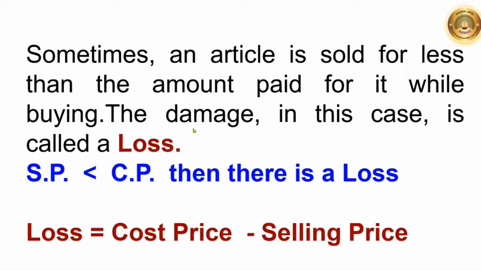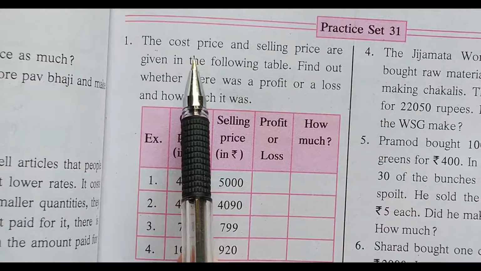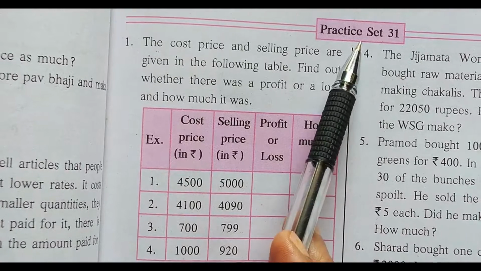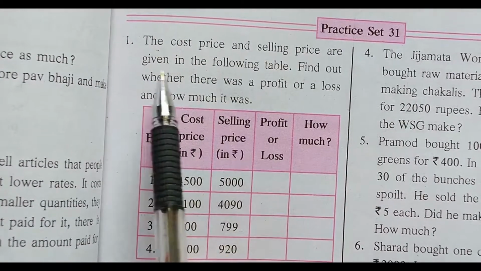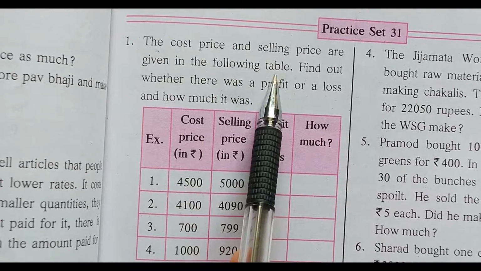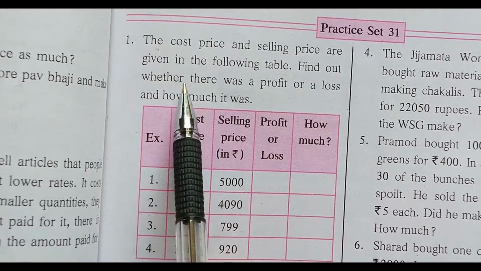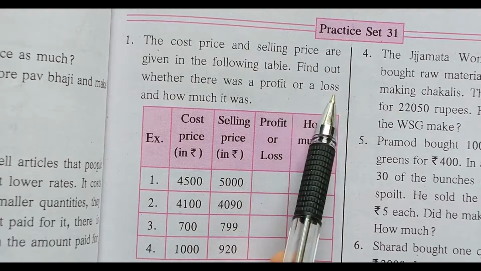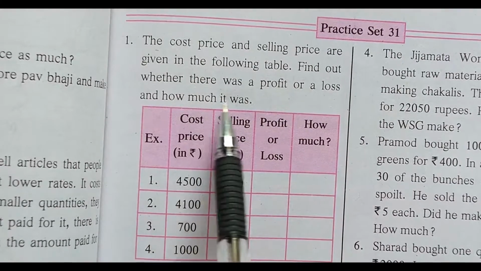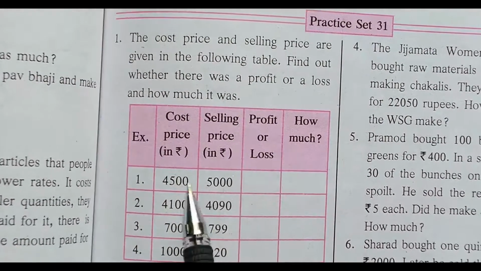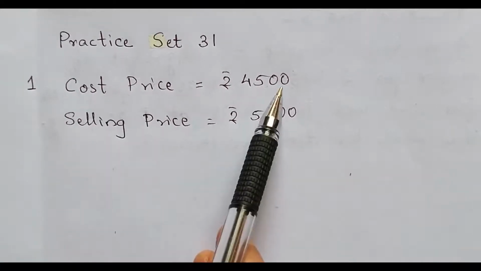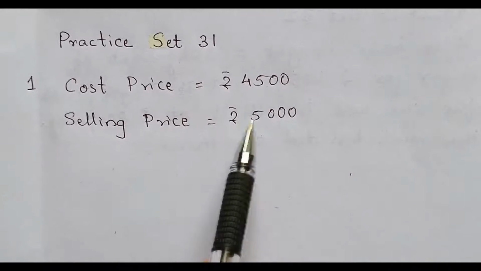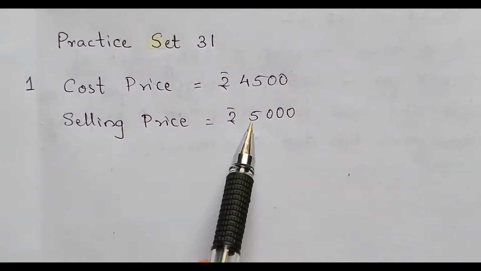Now let us see a few sums based on profit and loss. Let's see the first question of practice set 31. The cost price and selling price are given in the following table. Find out whether there was a profit or a loss and how much it was. Let's take the first example. Cost price is 4,500 rupees. The selling price is 5,000 rupees.